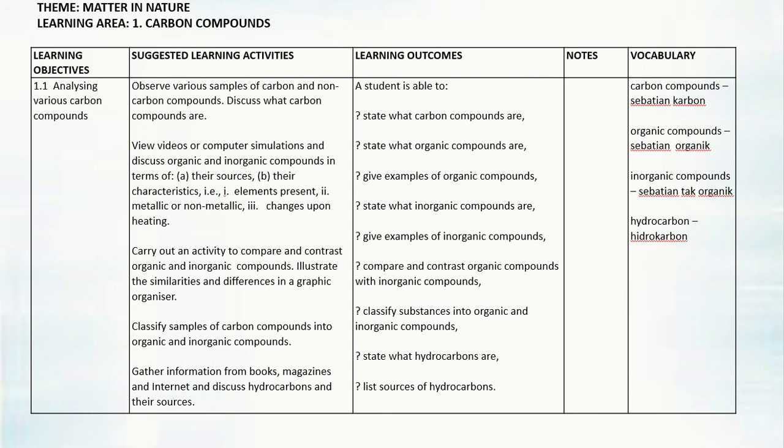You can also classify samples of carbon compounds into organic and inorganic compound and gather information from books, magazine, and internet. The learning outcome is that students need to be able to state what carbon compound and organic compound are, give examples of organic compound, state what inorganic compound is, give examples of inorganic compound, compare and contrast, classify, learn about what hydrocarbon is, and list sources of hydrocarbon.